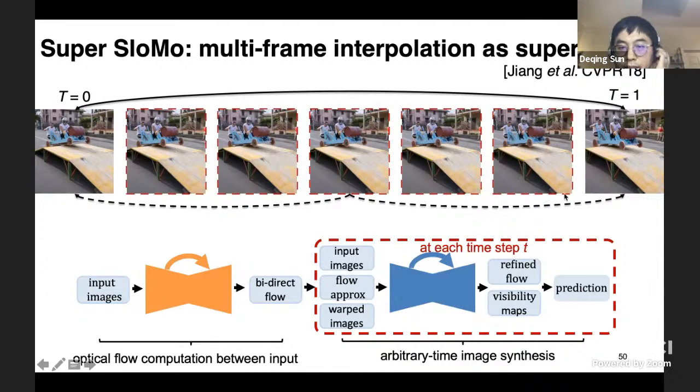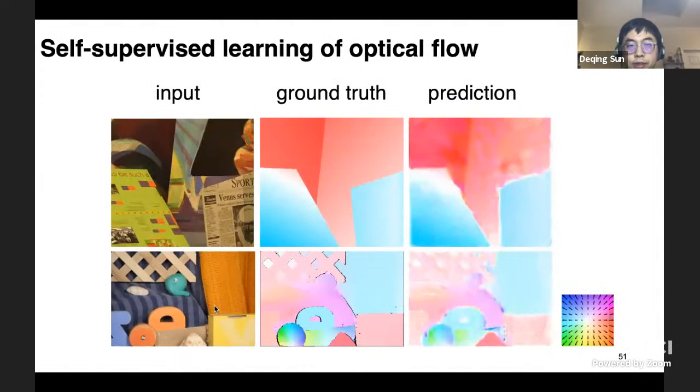Because we can get many high frame rate video sequences, we can use the interpolation as a supervision to supervise the optical flow network. And then we don't need the ground truth optical flow to train the optical flow network. And these are some learned optical flows when we apply this to, say, this Middlebury input image.